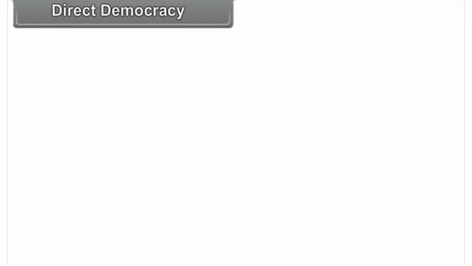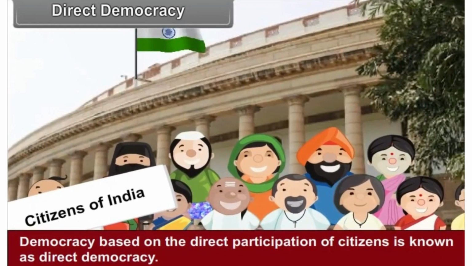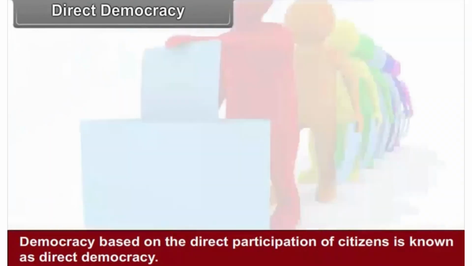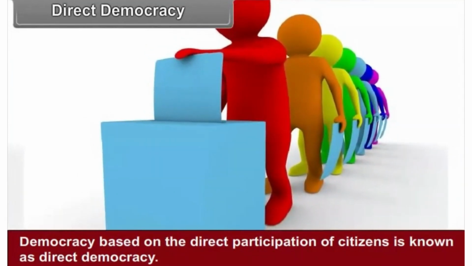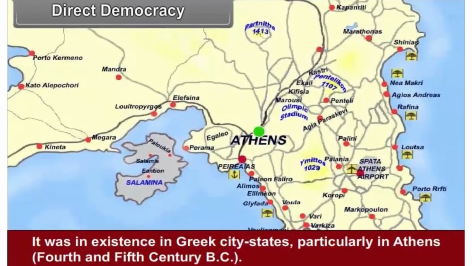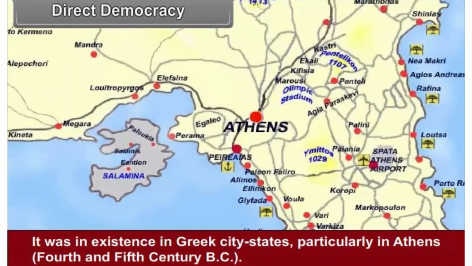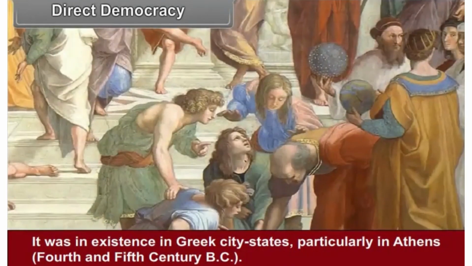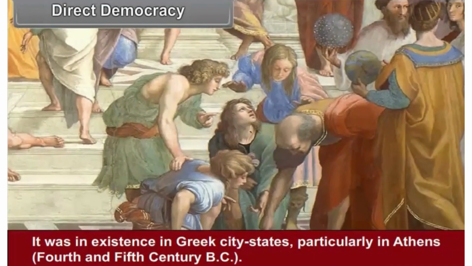Direct democracy. Democracy based on the direct participation of citizens is known as direct democracy. It was in existence in Greek city-states, particularly in Athens, 4th and 5th century BC.